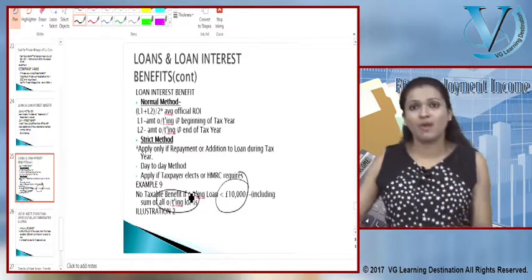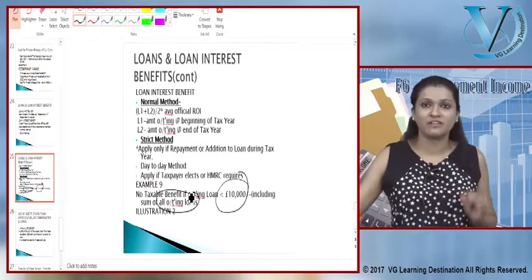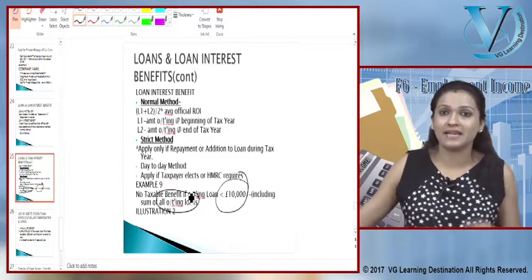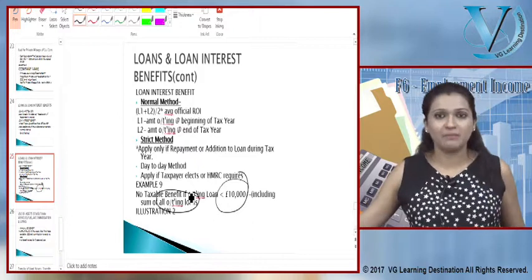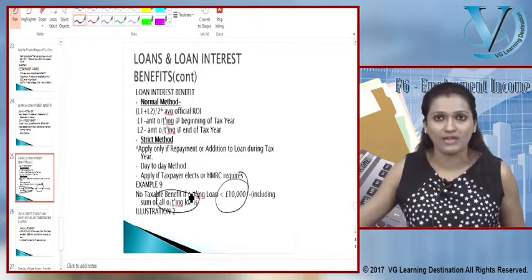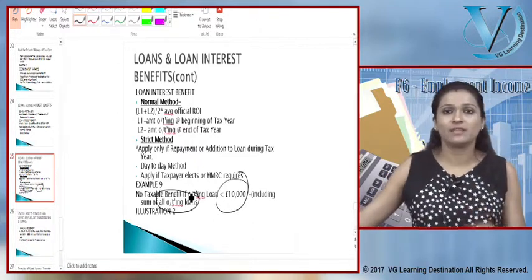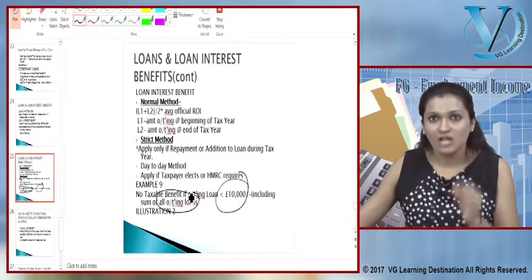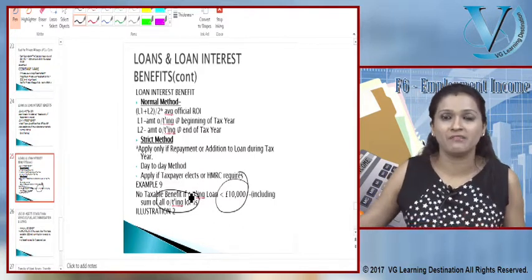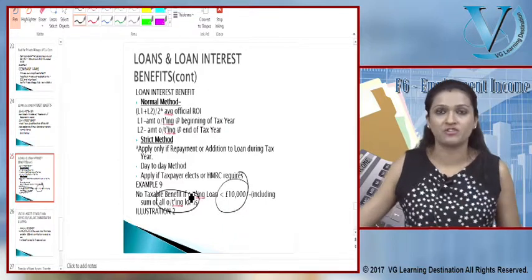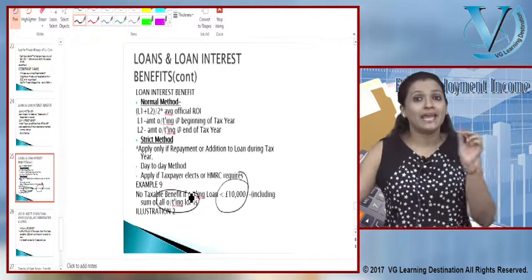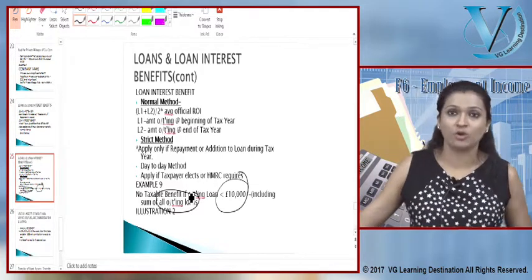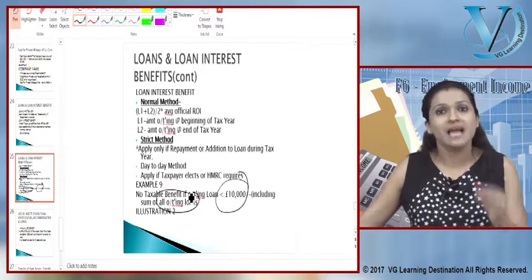So if an employee enjoys a beneficial rate of interest at a loan outstanding of total £10,000, fair enough, it's a small amount, let the employee enjoy, let's not tax him on the benefit that he is availing. So up to £10,000, if you're availing of a lower beneficial rate of interest, it's okay. However, if more than £10,000 including all the outstanding loans, then definitely this benefit becomes assessable.